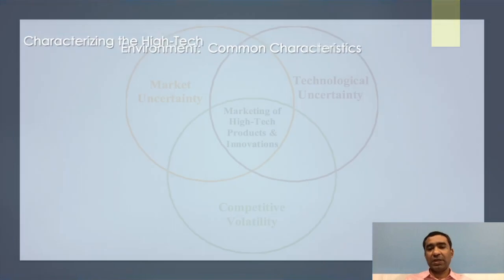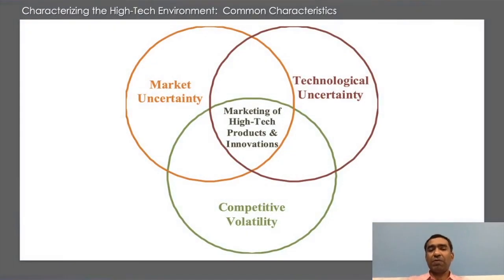This is important. Market uncertainty means there is uncertainty in the market: customer demand, your product timing, customer expectations or preferences, all of these come under market uncertainty. Similarly, technological uncertainties are also there. And then we have competitive volatility.